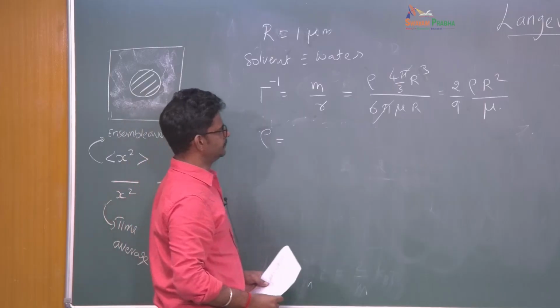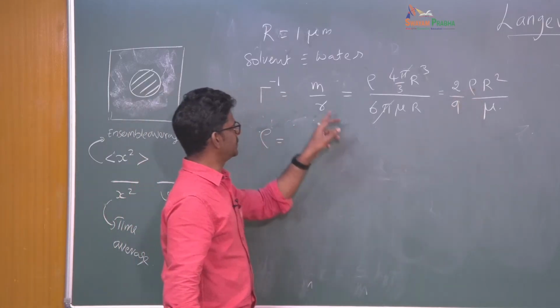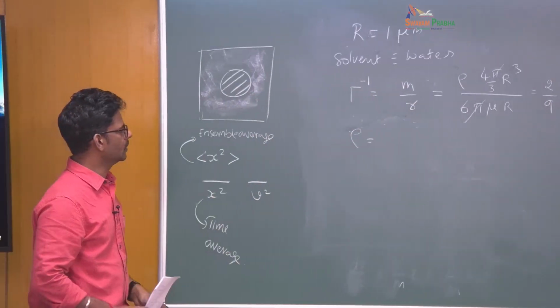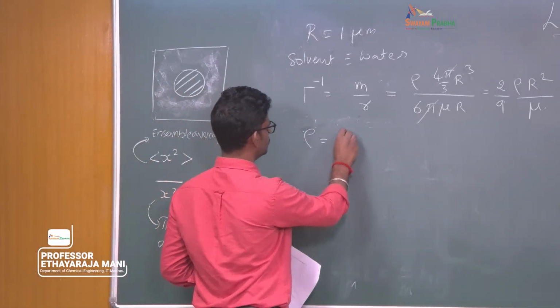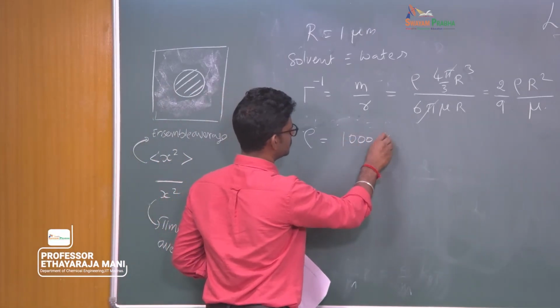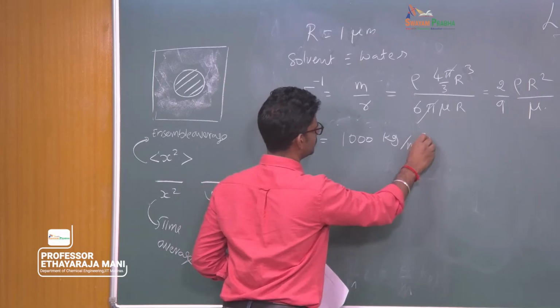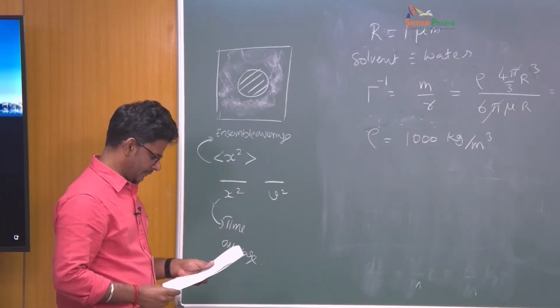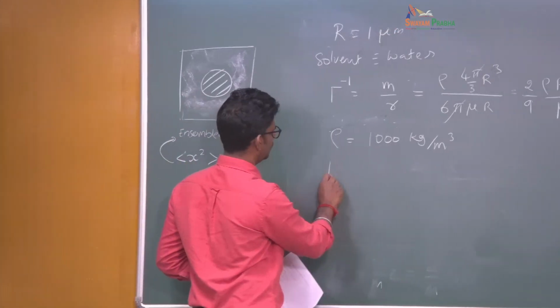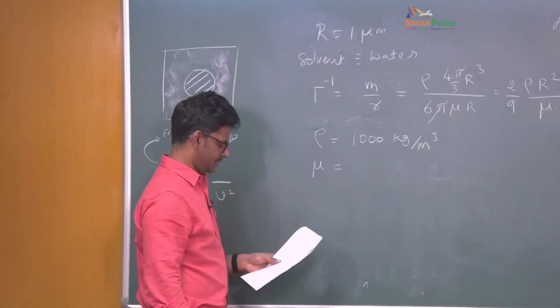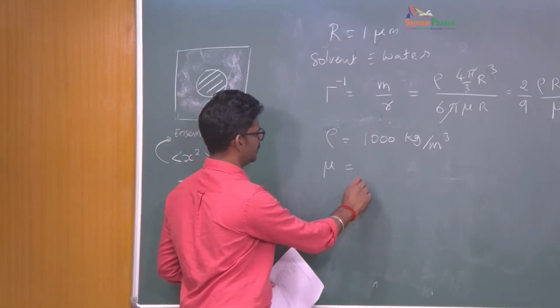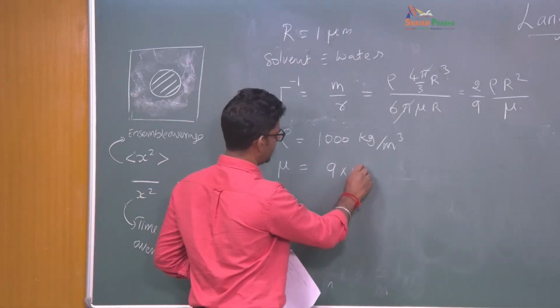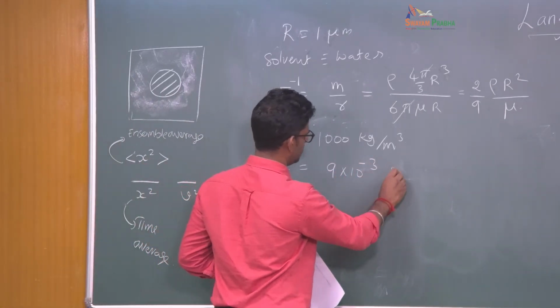By the way, rho is the density of the particle. We will assume this to be 1000 kg per meter cube, same as that of the solvent. And the viscosity of water is taken to be 9 into 10 power minus 3 Pascal second.